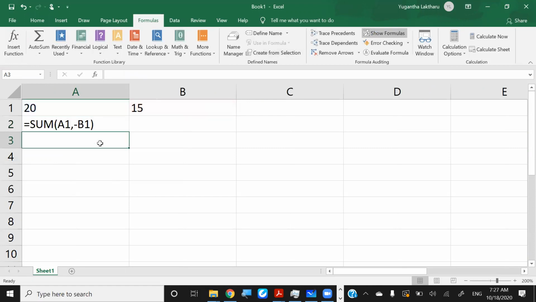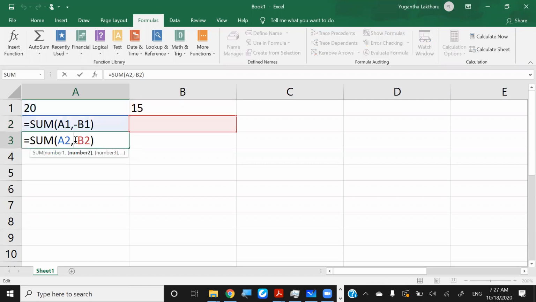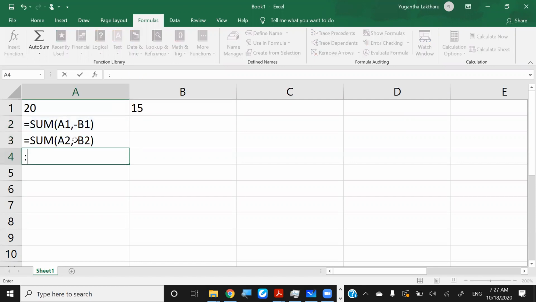So to take the differences between two cells, we can take A1 comma minus B1, and we can't use the colon here, right? You can say A1 colon minus B1, which I need to check actually. Try whether it is working.